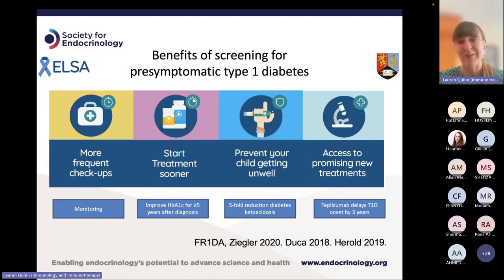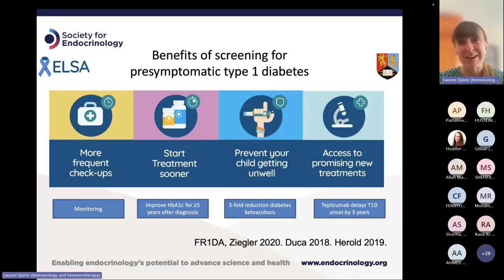Screening is currently applicable in a pediatric setting. We don't screen adults because there's more complexity, obviously a lot more type 2, and there may be incidental antibodies, so we don't quite know what it means as much. However, teplizumab, this immunopreventative treatment, has been licensed for individuals aged 8 years and above.